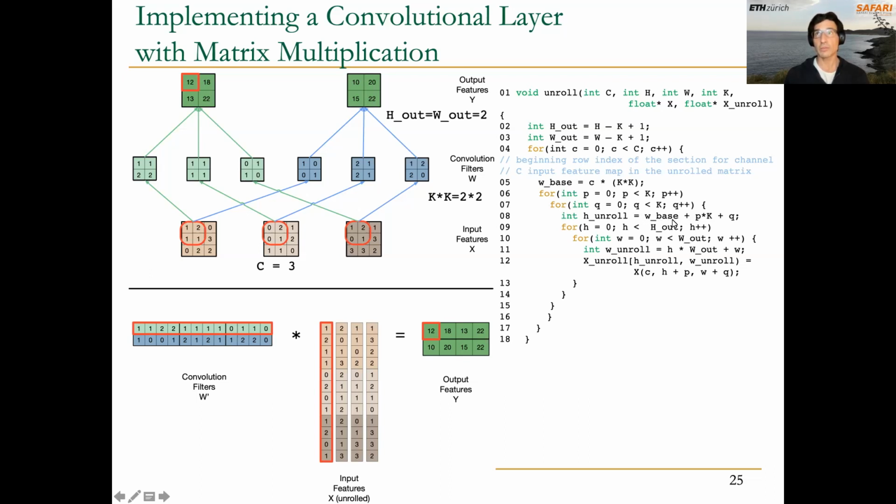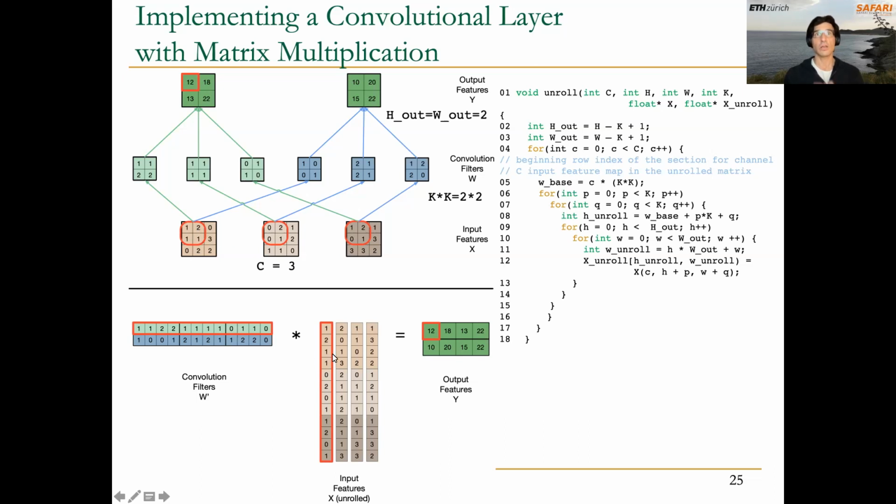And the exact place where we are going to put each of these 4 elements of the tile of the input feature map is given by these indices P and Q that tell us to what element we are exactly referring to, right?